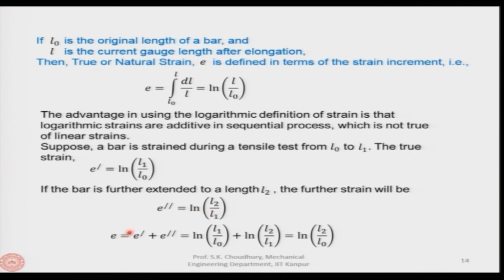So, therefore, the total strain that is coming out to be e1 prime plus e2 prime, and this is log of L1 by L0 plus log of L2 by L1, and look here, what we are getting is log of L2 by L0, all right.